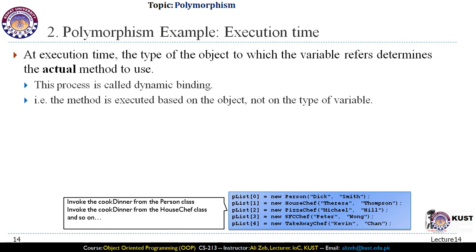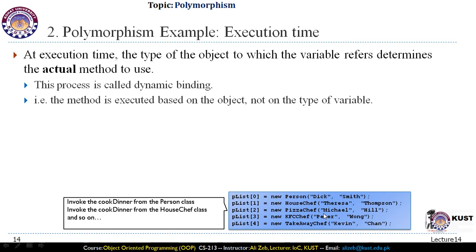And in our given example, what we did was we declared an array of type person. The type of the array was the person class, and that type was the same for all of the objects that we were using for a reference, and those references were the subclasses of the person class.